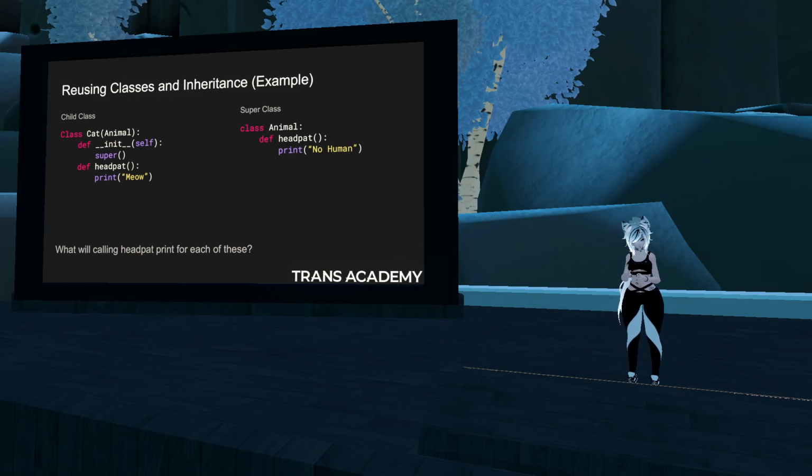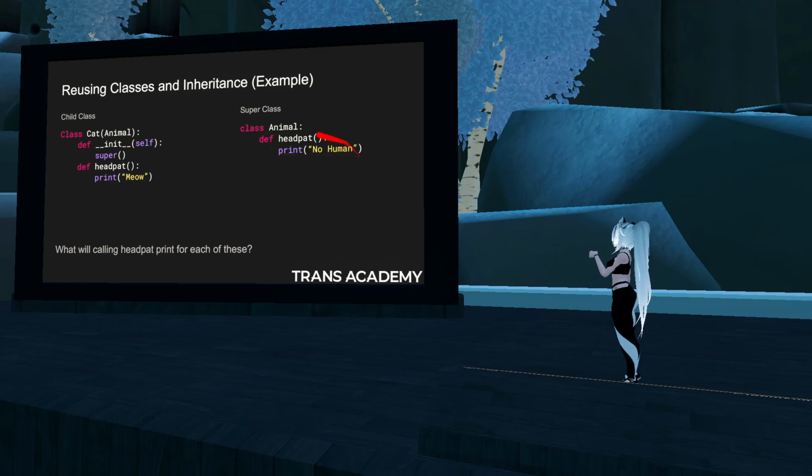However, let's say we want to extend this class, or completely change what is being printed here. What we can do is define our child class, specify the class we are going to inherit from, define our initializer, or in some languages known as our constructor, and call super within this.